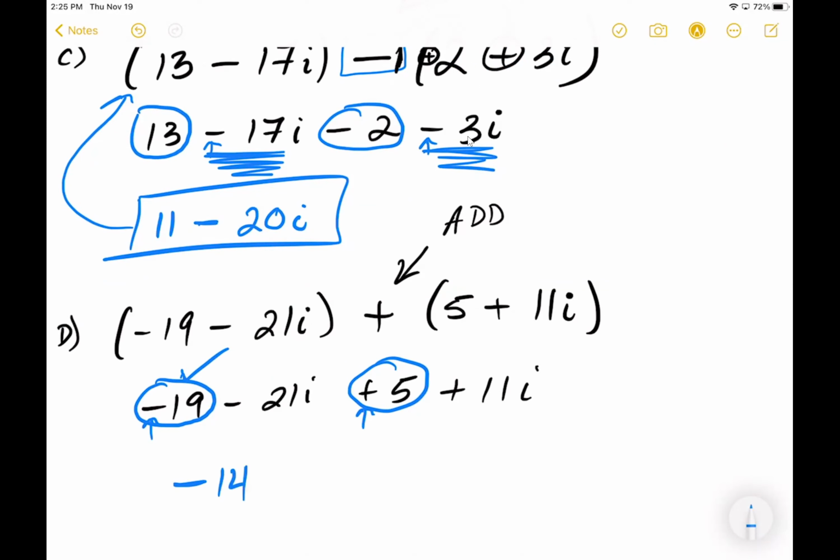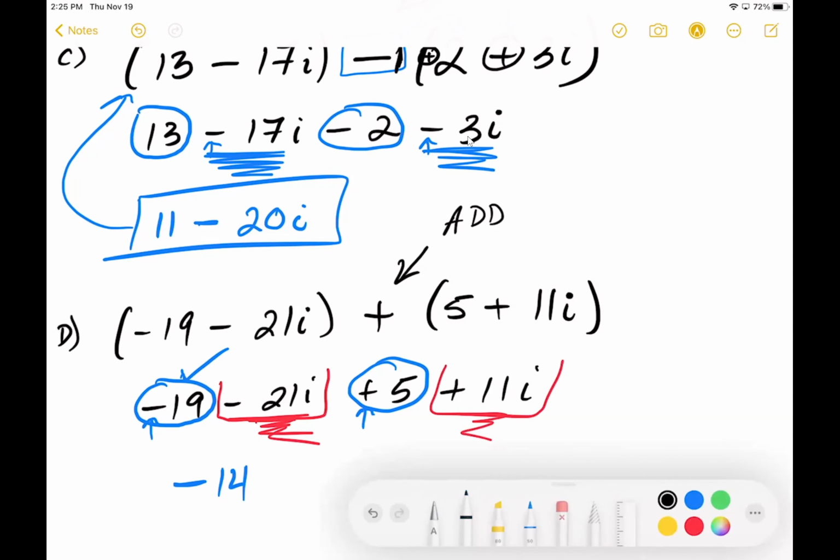Same thing goes for my like terms, a negative 21i and a positive 11i. Because they are different signs, I need to subtract and keep the sign of the larger.